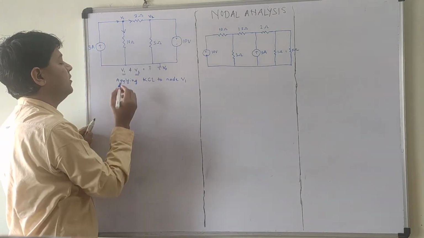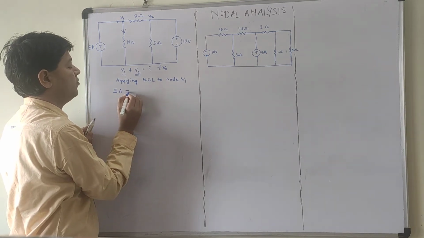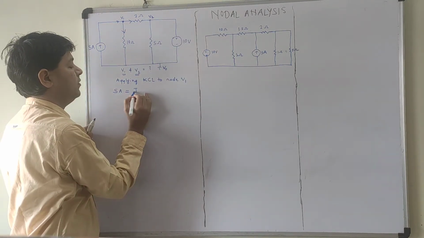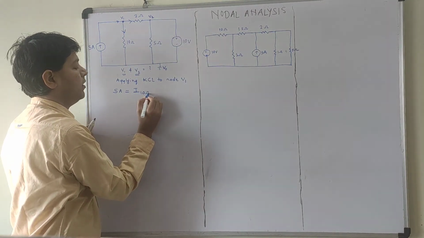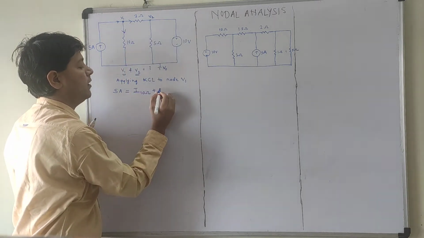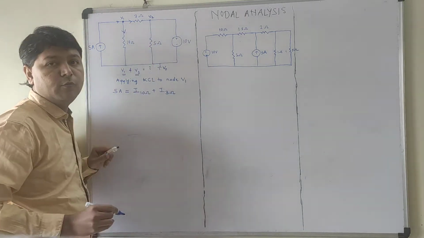So this incoming current, which is the 5 ampere current source, is getting divided into this current and this current. So the 5 ampere current source is getting divided into I 10 ohm, that is the current flowing through the 10 ohm resistor, plus I 3 ohm, that is the current flowing through the 3 ohm resistor.